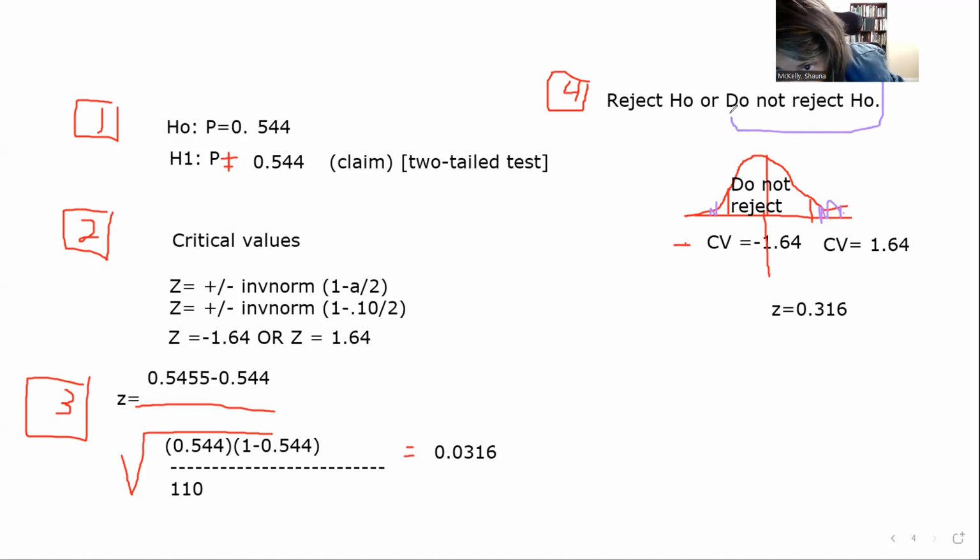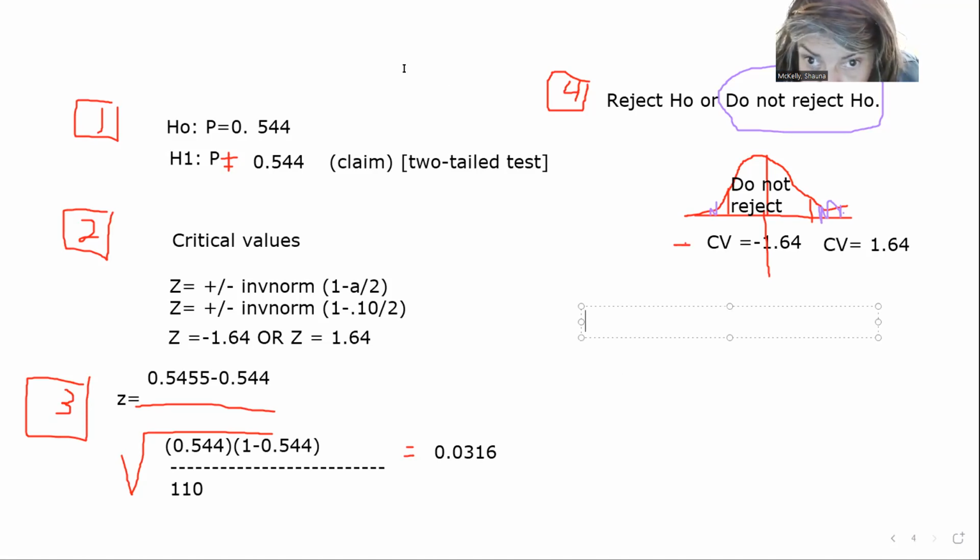If we do not reject the null hypothesis, then we keep it, we retain it, and the claim is H1. This is step 5 of our testing procedures.